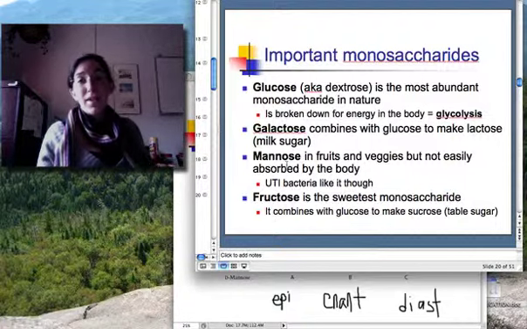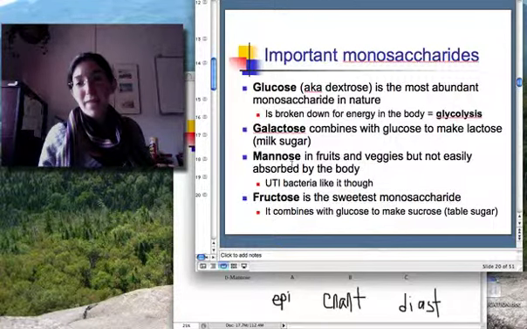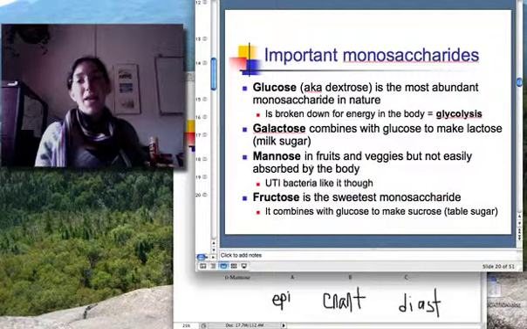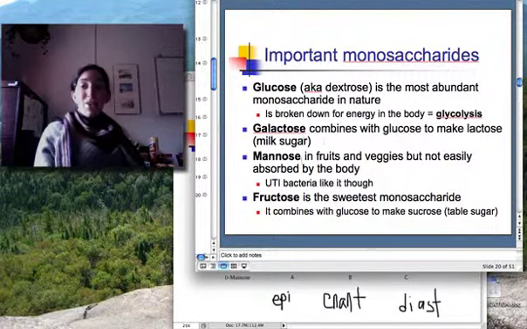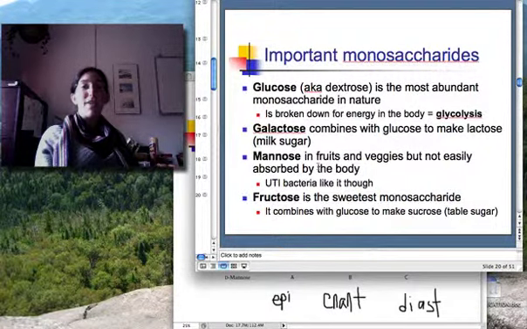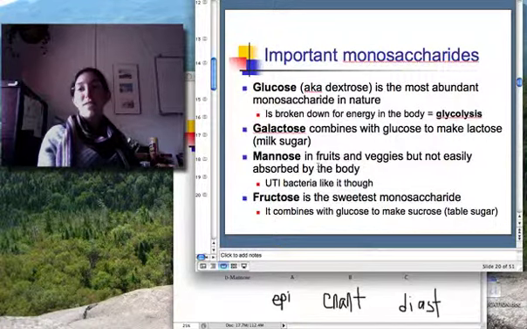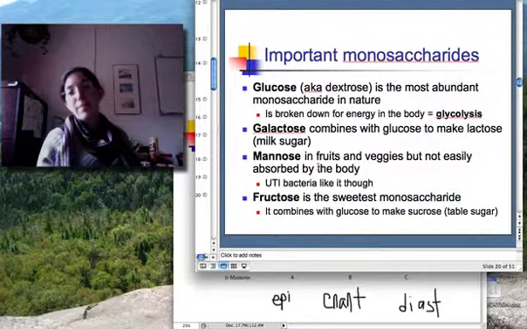Mannose is another one that's actually not really broken down by the body, and it's found in a lot of fruits. It's one type of sugar that can give you diarrhea if you eat too much of it, because your body doesn't absorb it, so it gets excreted with the feces, and it actually attracts water.